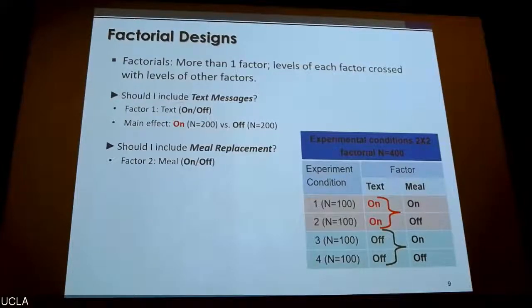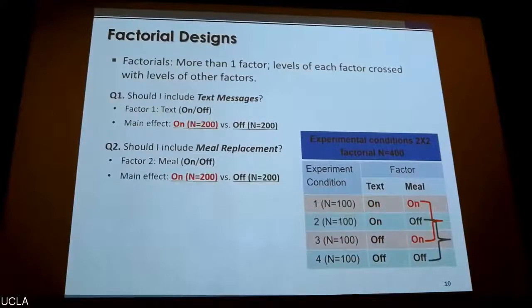400. Do you see that? It's a comparison of half of my sample versus the other half. Do you see that? Right, it's just a 2-arm comparison. Right? Okay, second question, should we include meal replacement or not? Again, this question will be answered by estimating the main effect of meal replacement, by pulling out some information from all the people who got meal replacement and all the people who did not.